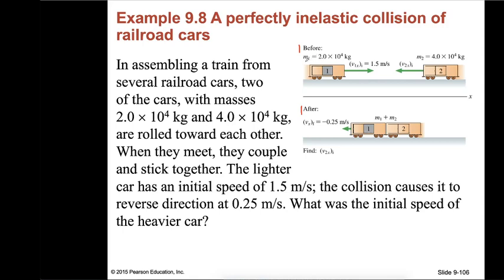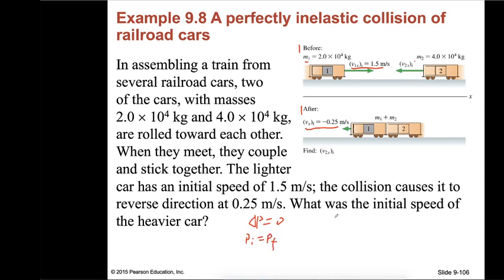Before, you know the mass of the first car and the mass of the second car. You know the initial velocity of the first car. After that, you know the final velocity of car 1 and car 2 because they will have the same velocity. And you know the mass. Now, let's use the law of conservation of momentum. Delta P equals 0 means P initial equals P final.